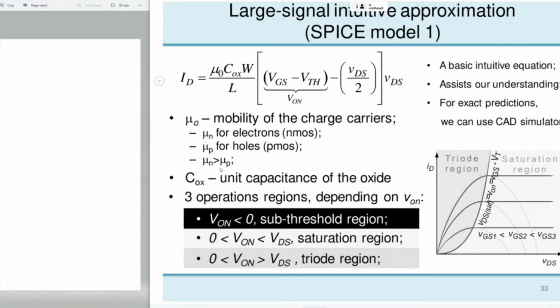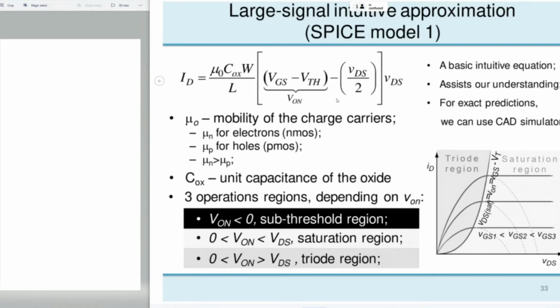You know from semiconductor physics and materials that the mobility of electrons is about 2-3 times higher than the mobility of holes, which means basically that for the same dimensions of transistors and for the same biasing conditions, the NMOS transistors will generate about 2-3 times more current than the PMOS transistors.